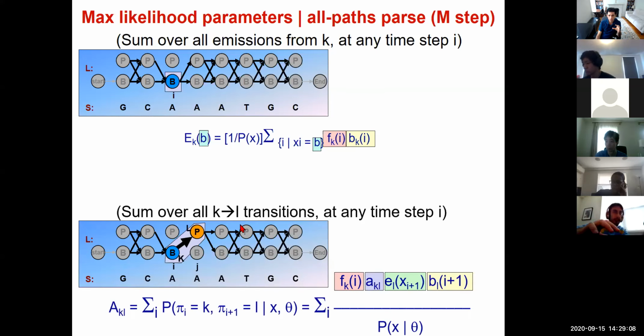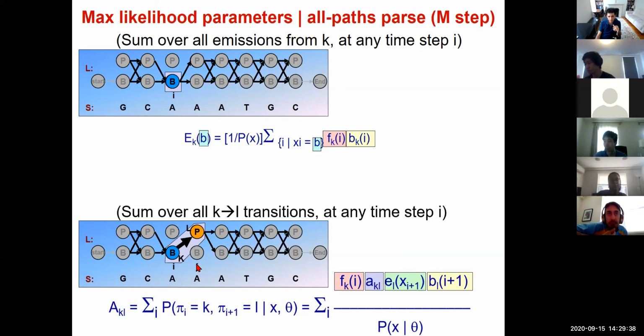Then the transitions are just a tidbit more complicated. The transitions is basically the total probability of ending at state B and transitioning to state P at every offset, every time point. So for every i, summing over all i's, I'm going to be summing the total probability of ending at that state and the total probability of leaving from that state.